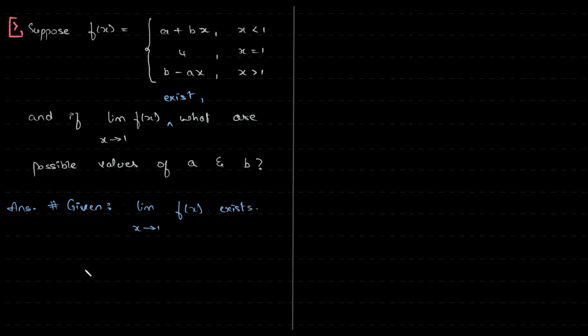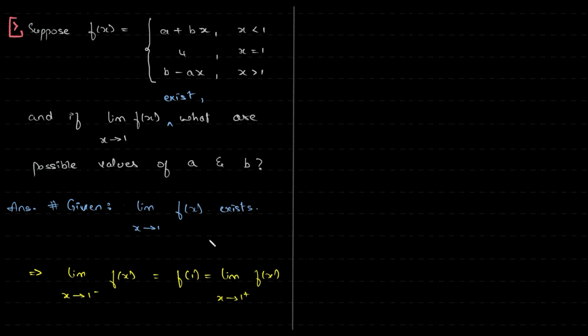Okay, so we'll start off with that. So this implies limit x tends to 1 from the negative side will be equal to f of 1, and this in turn will be equal to limit f of x as x tends to 1 from the positive side. Does it make sense?